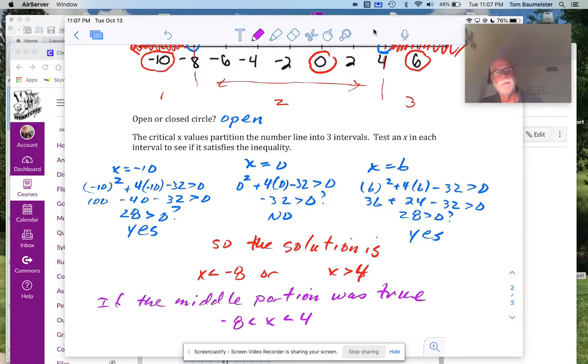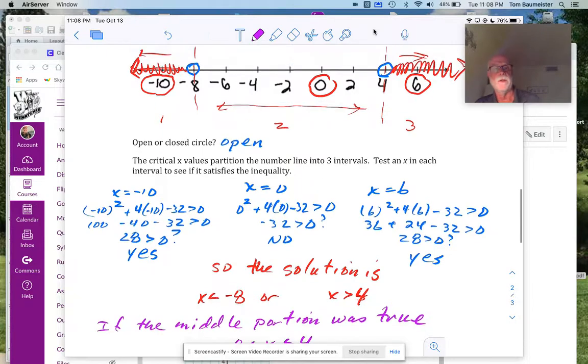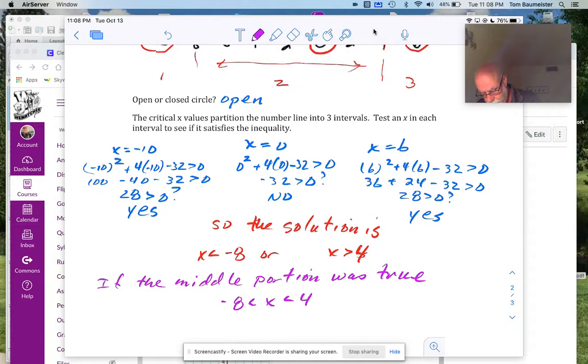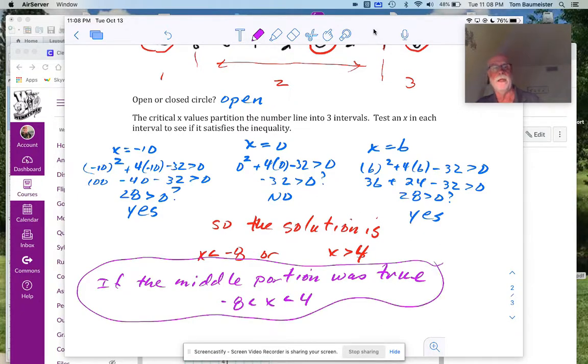I'm just telling you right now because you'll probably have one like that on your homework. And remember, if those were filled in circles, it would have been equal to. So again, this part is not part of it right now, but I just let you know that.